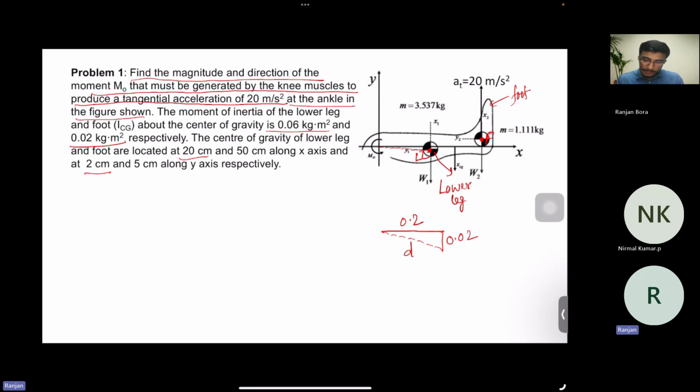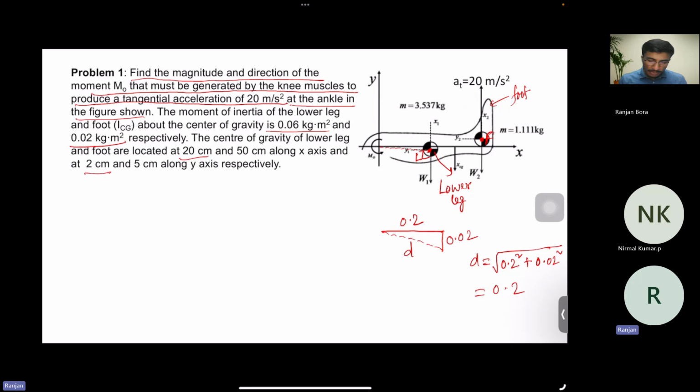Let this be d1. So d1 will be equal to, we need to use the Pythagoras theorem, the square root of 0.2 square plus 0.02 square, which is almost 0.2 only. Okay, so we have got d1.